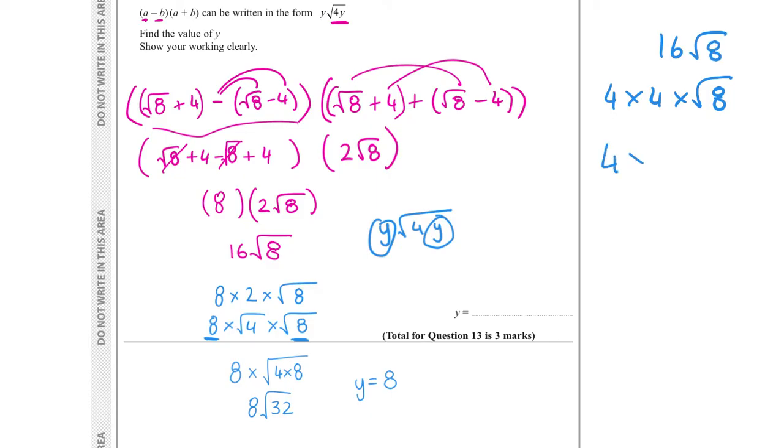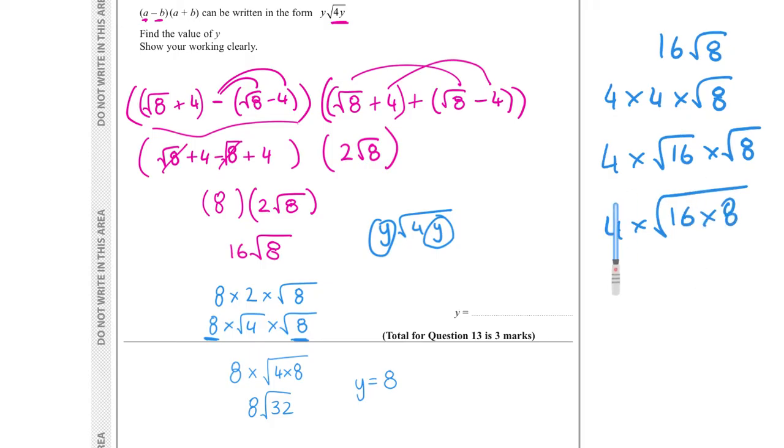So we're going to get 4 times the square root of 16 times 8. But can you see what we have on the outside here is not the same as the inside in terms of trying to find this y, and we need one of these to be a 4 multiplied by. Okay, so it is a bit of trial and error, but it's more about sensible guessing.